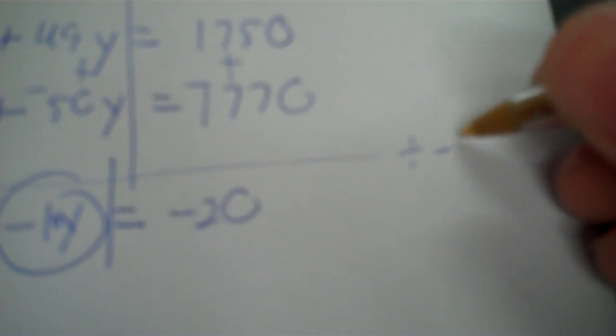So you divide by negative 1. And y is equal to 20. Okay, so where's y? Here are my y's. There's 2 of them. They just both become 20s. So uniforms, 20. $20 for a uniform.